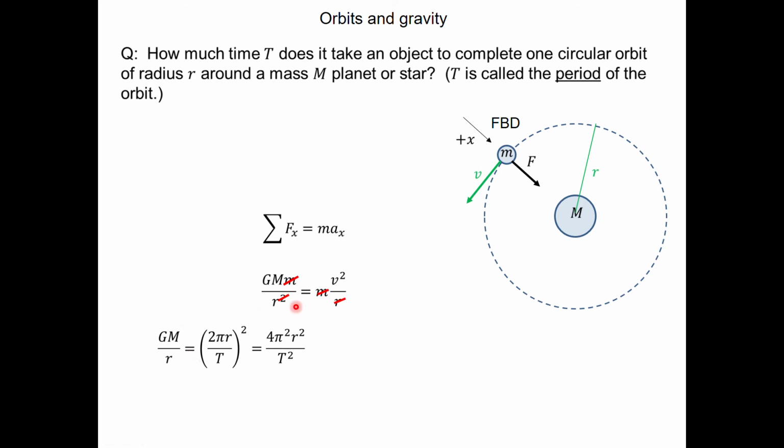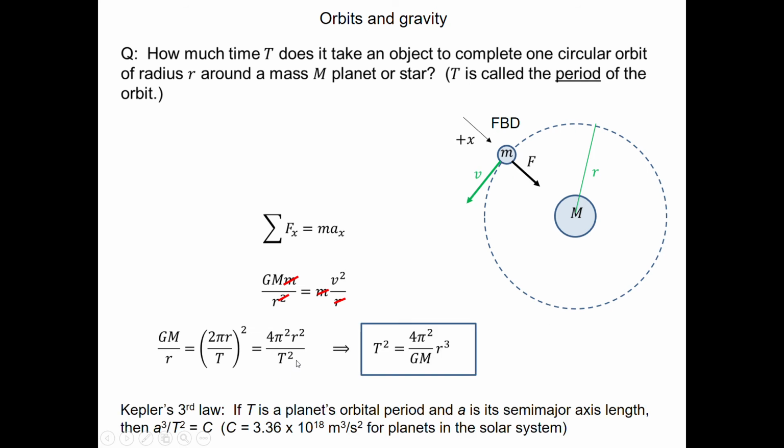And now looking at the equation that's left, just the left-hand side and the right-hand side, which are equal, I can solve for T. I'm going to do it a slightly different way and instead solve for T squared. Of course, one could easily take the square root of that and get a solution for what the period T is. The reason I left it in this form is to actually compare with Kepler's third law.